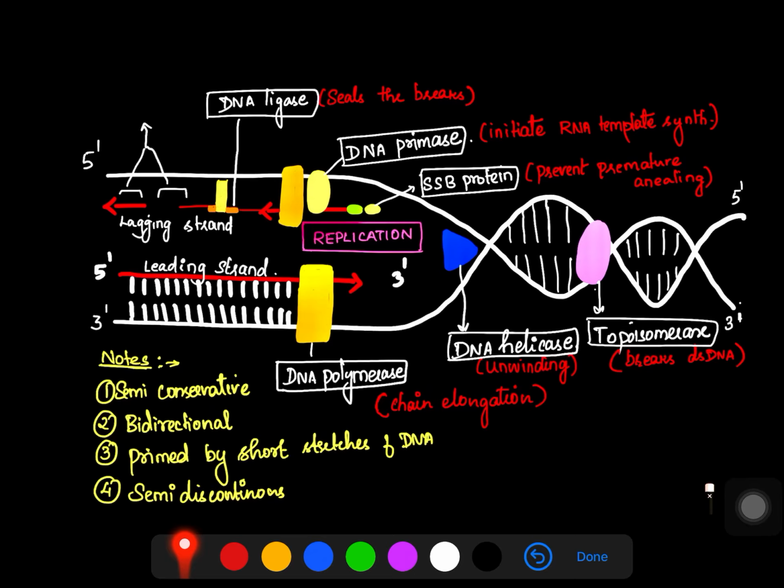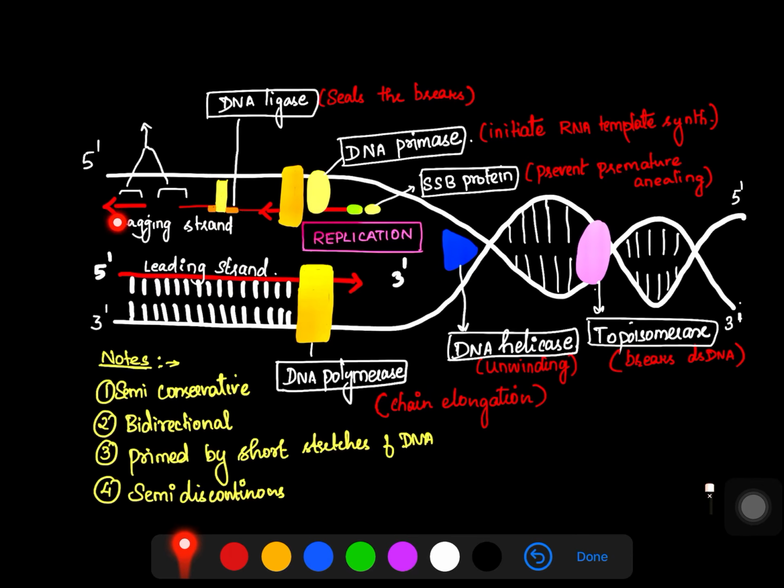In this diagram, you can see I have drawn this structure continuously, but here it is discontinuous. Why? Because this is the leading strand and this is the lagging strand. New strand synthesis is always in the 5' to 3' direction. This is constant, either here or here.